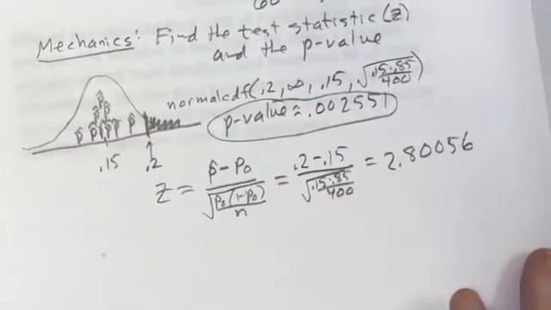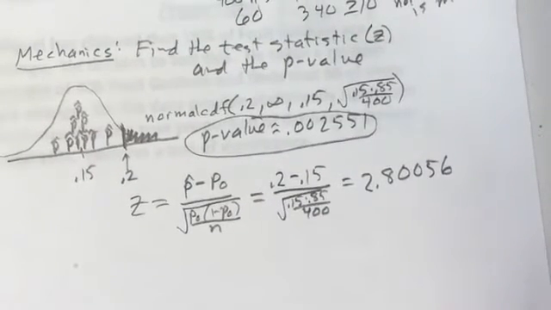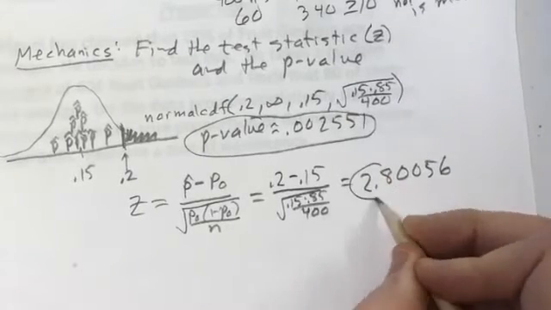And it is in essence the relevant test statistic. It's the relevant z-score, very similar to what we found in chapter 2. So there's my test statistic right there.